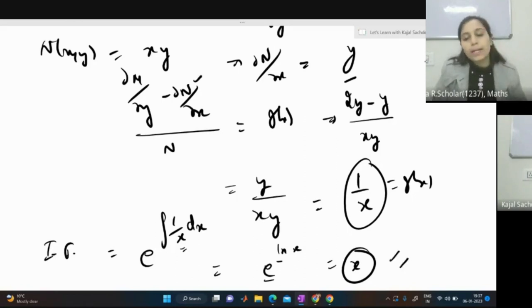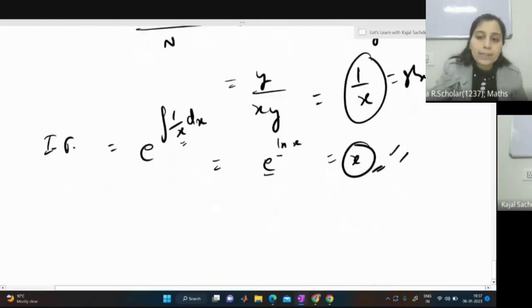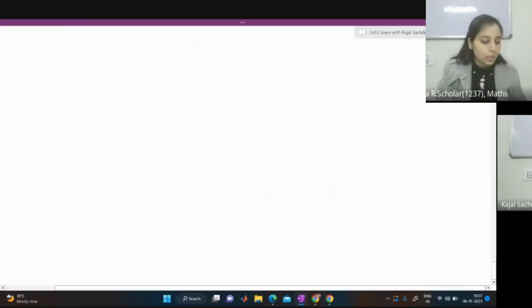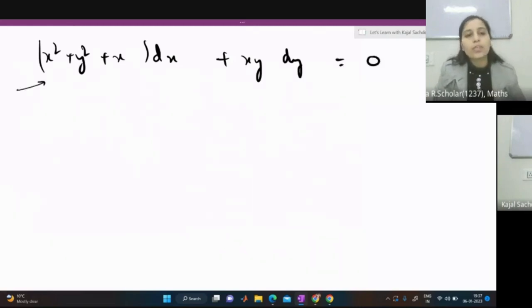So just multiply the given equation by x and it will become exact. The given equation is (x² + y² + x) dx + xy dy = 0. Multiply this whole equation by x.